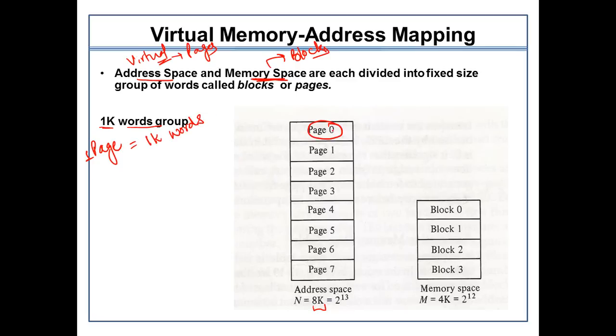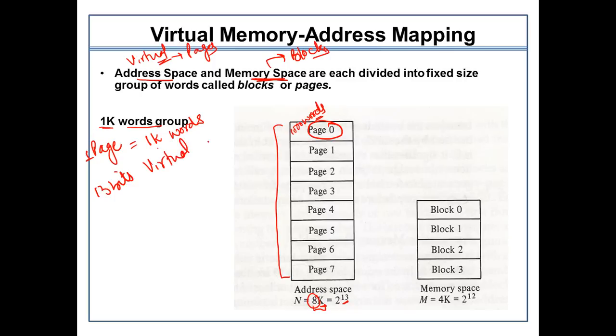This page 0 consists of a group of 1000 words, so that there are a total of 8 pages. K stands for 1024, right? So 8K is the total size of this virtual address space which has been allocated to the programmer. Accordingly, I need a 13-bit address.